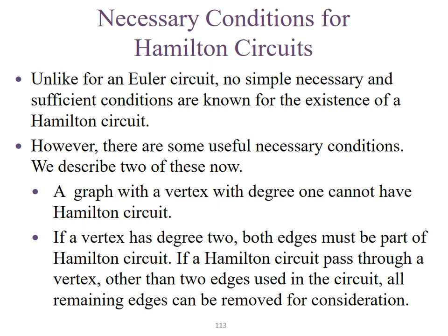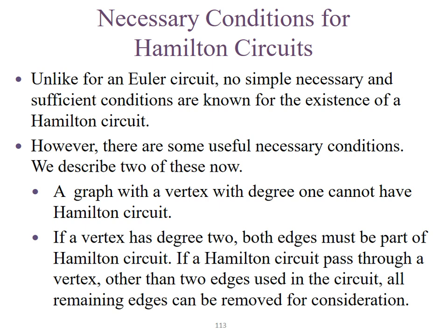Unlike Euler circuits, where we have two algorithms to help us determine if we have an Euler path and Euler circuit in a given graph, here for Hamilton circuits we only have necessary conditions. So it's not that easy to determine, since we don't have an if-and-only-if condition for Hamilton circuits.